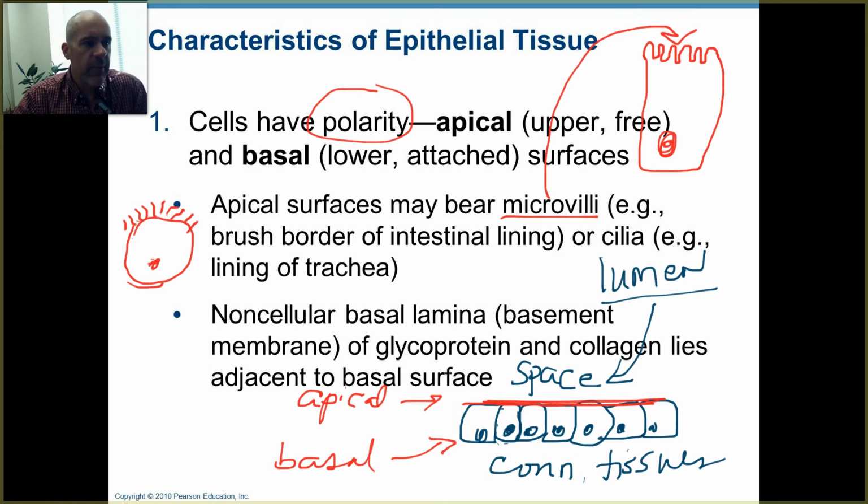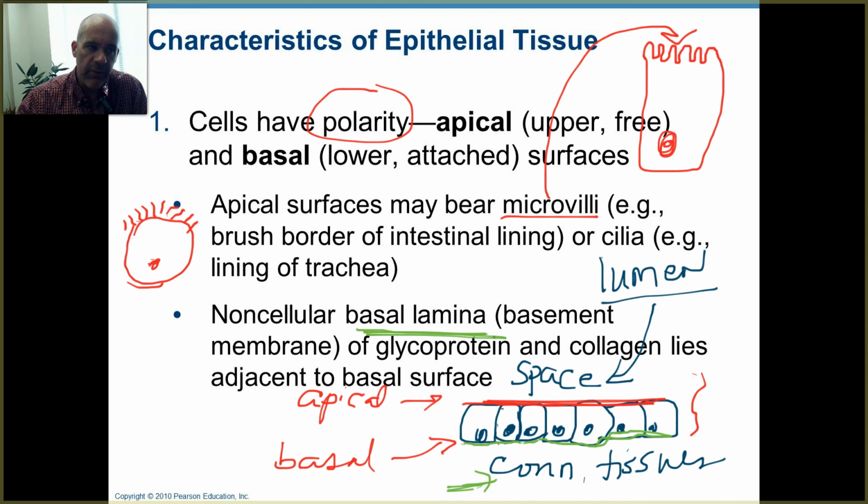Another feature of epithelial tissue: if you have your epithelial tissue here, change colors again, switch over to green, and then you've got these connective tissues deep to the epithelial tissue within the wall of that organ or structure, you will have this little thin strip called the basal lamina.